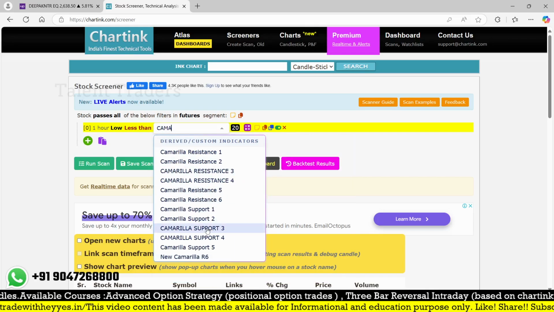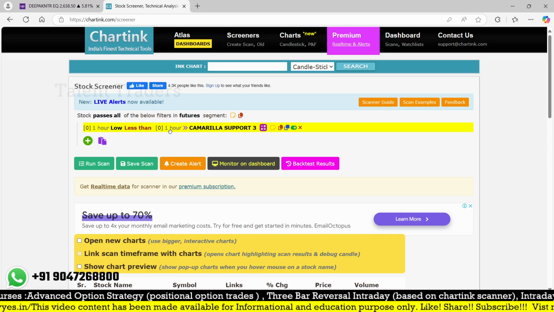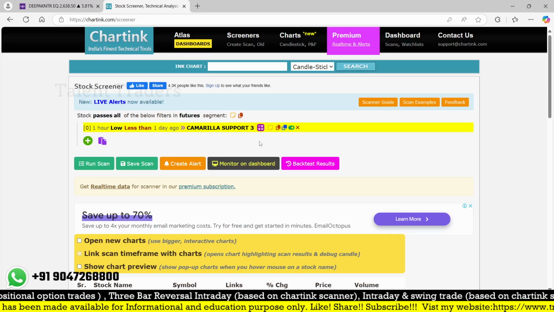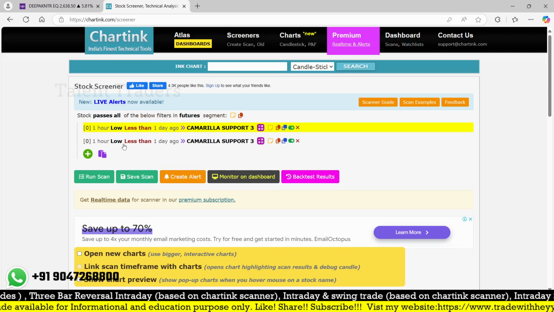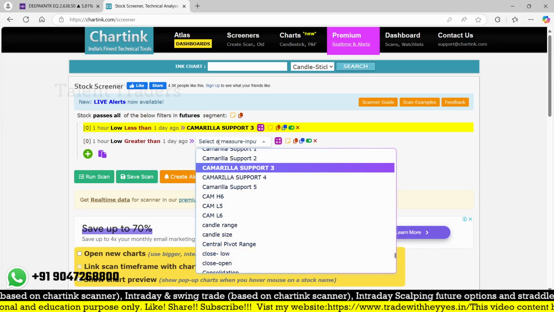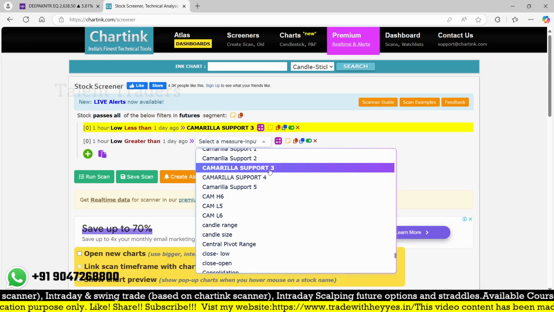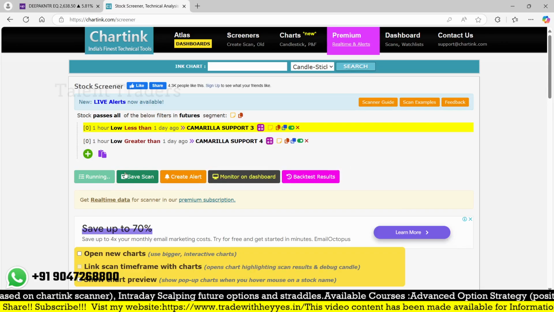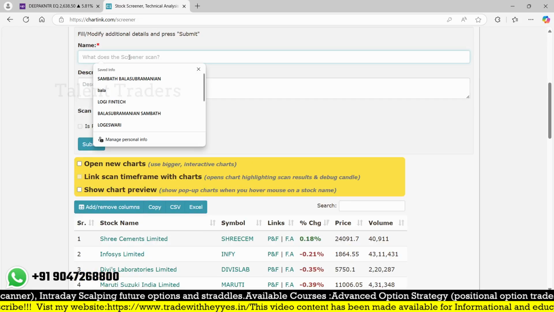This is the custom indicator which I have already created. Here we are not using 1 hour, it always has to be 1 day ago. Okay, the same which we have copied, and the low must be greater than Camarilla support 4. If you do this, it will fetch you the stocks which are forming inside the level. Let me save this one.